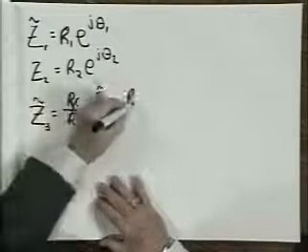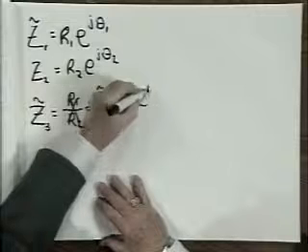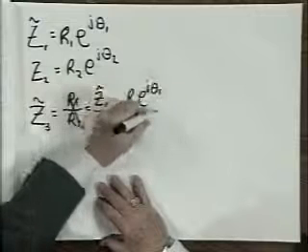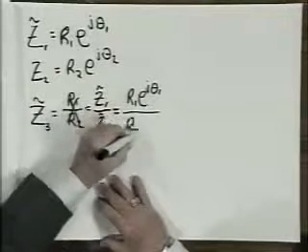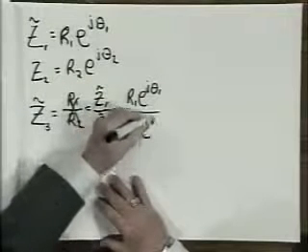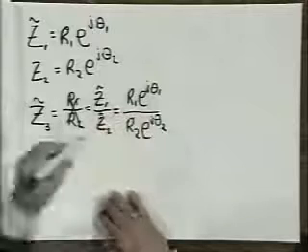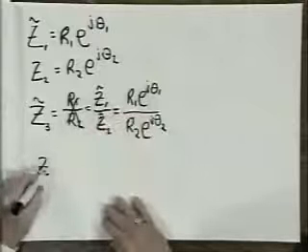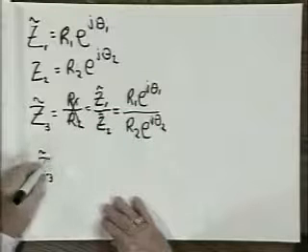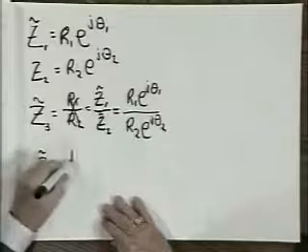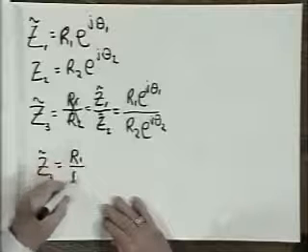So we have r1 e to the j theta 1 divided by r2 e to the j theta 2, and z3, the quotient, has a magnitude which is r1 over r2.